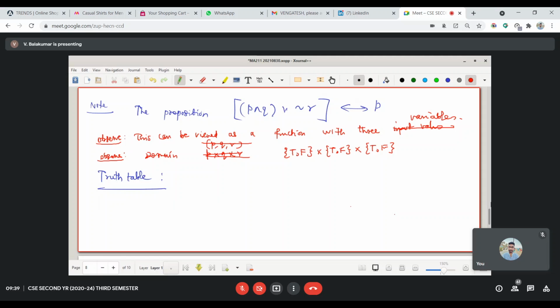What is the relationship between them? If they have the same truth table, I say they are logically equivalent. Two different propositions are given, not single. Here I am using this also as a proposition. P separately, Q separately, R also are propositions. That's okay. Singular and plural we are using synonymously here.